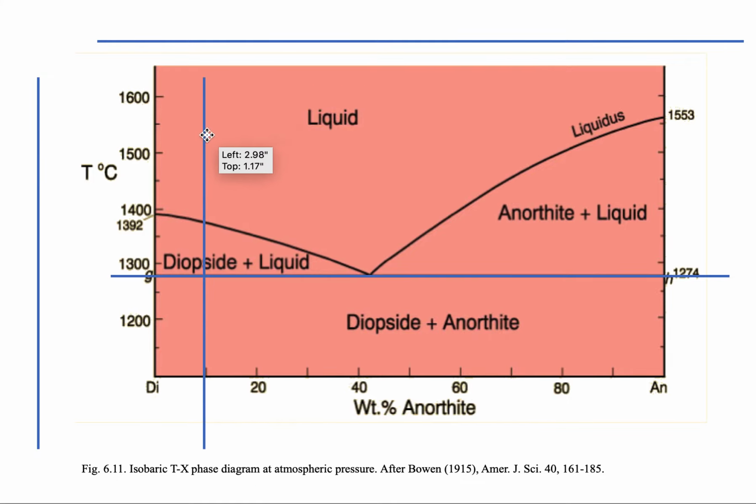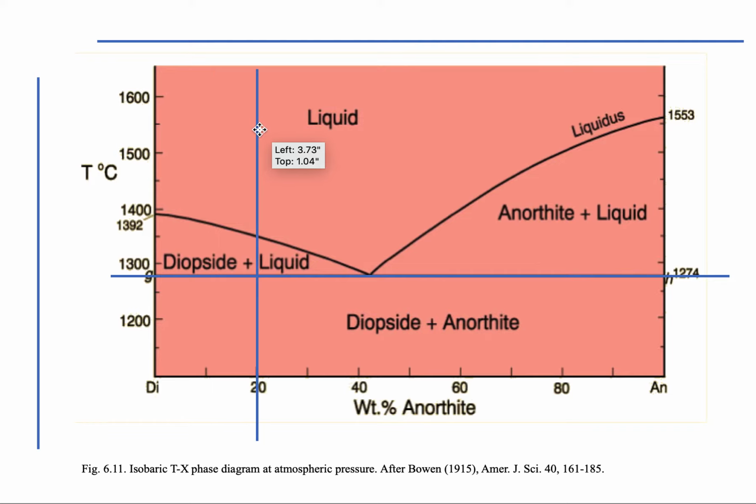What would happen if we have something over here, 20% anorthite, 80% diopside? As we begin to cool the liquid, the first crystal that we will form will be diopside. It will continue to cool down to 1274, where we would form the first anorthite crystals.